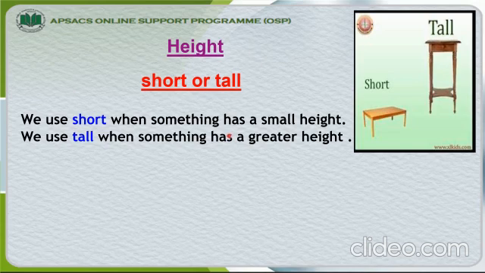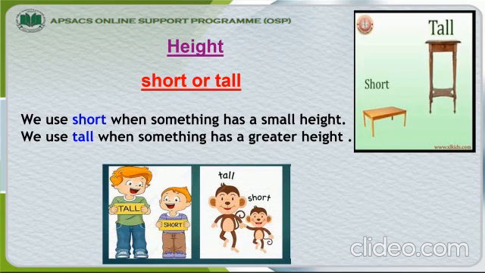Now students, you can see that this table has a greater height, so we use tall for this table, and this table has a small height, so we use the word short for this table. And these are the examples of short and tall.